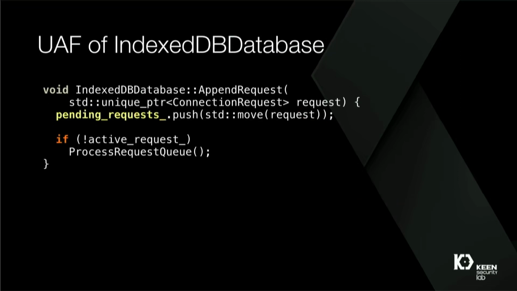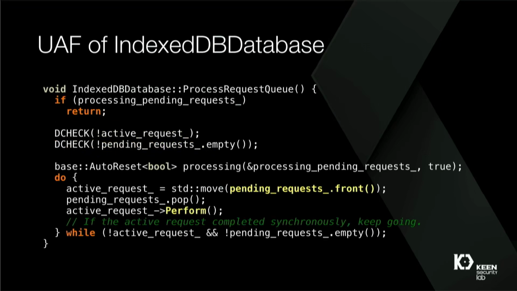In append request, the newly created connection request is pushed to pending requests, which is a circular queue. And if there is no active request, it will process the request queue immediately. In process request queue, it takes out the first request of the queue and then calls the virtual function perform on the request.